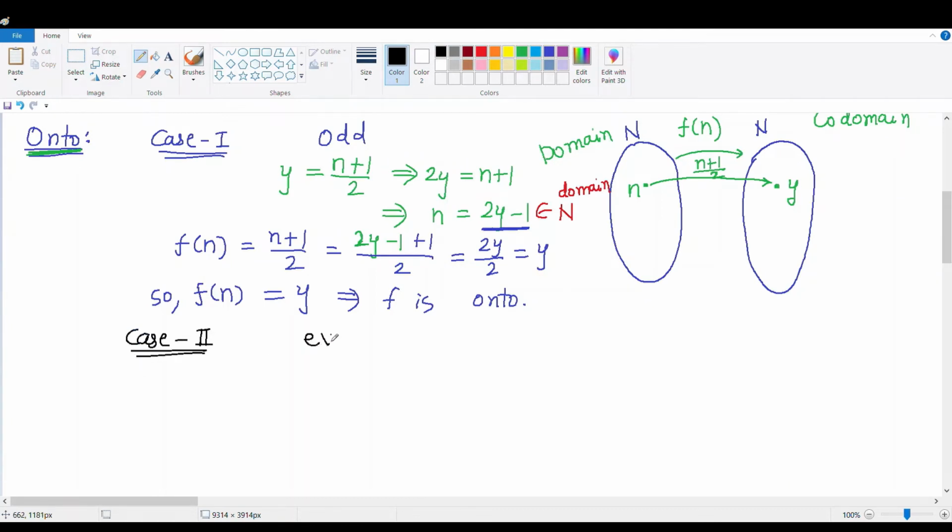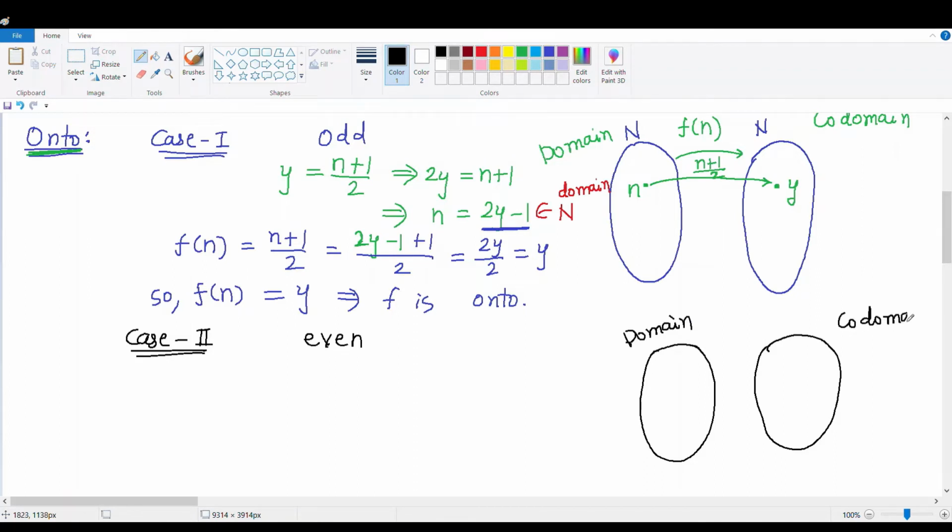When it is even. Now when it is even, again let's look at that domain-codomain diagram. Let's say this is our domain, this is our codomain, and again it is from natural numbers to natural numbers. The function is f of n. Right now we are talking about even, so that function is n over 2.